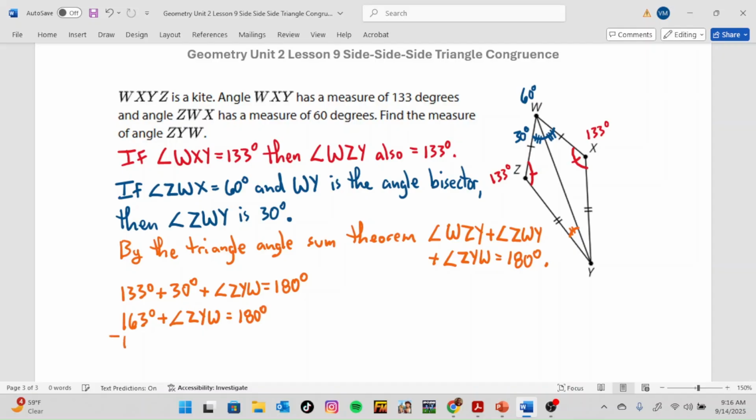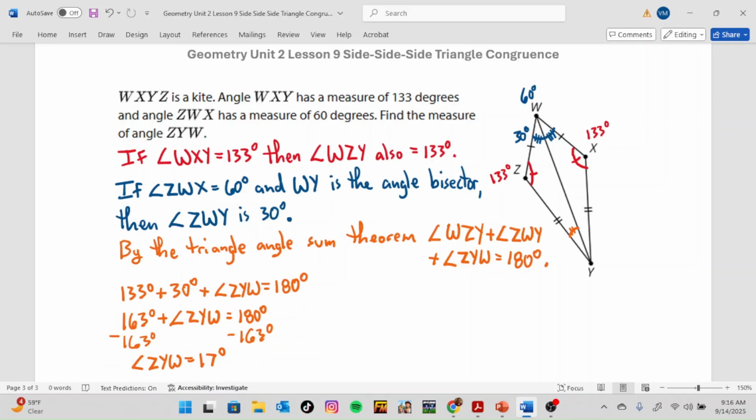I subtract 163 degrees from both sides, and I find out that angle ZYW must be 17 degrees.